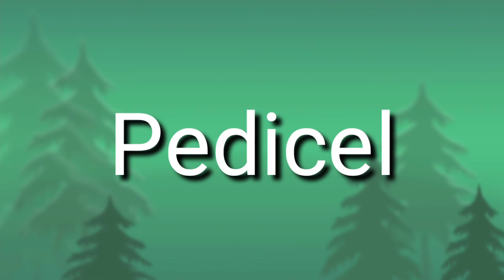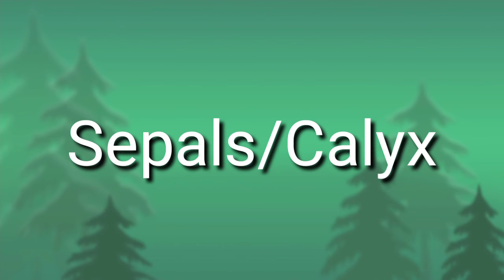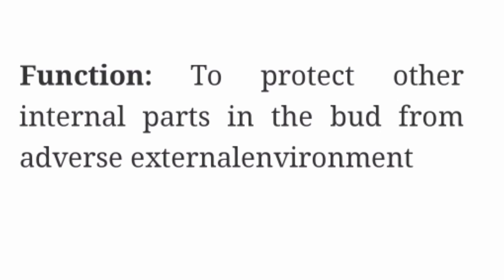What is the function of pedicel? To hold other parts of the flower and to attach sessile flower with stem. Sepals or calyx. What is the function of sepal or calyx? To protect other internal parts in the bud from adverse external environment.